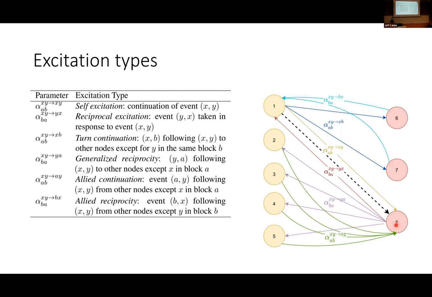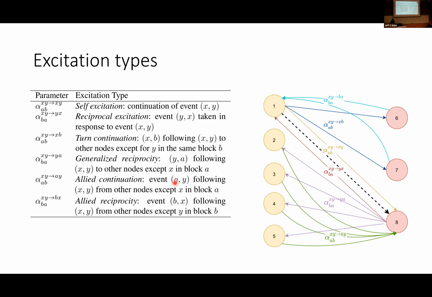You threaten me, I threaten you right back. We can have this turn continuation, which is after country 1 threatens country 8, country 1 also goes and threatens country 8's allies. That's turn continuation. We have generalized reciprocity. So after country 1 threatens country 8, country 8 goes and threatens the allies of country 1.